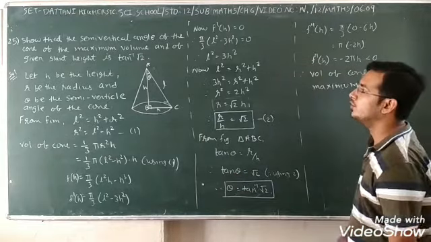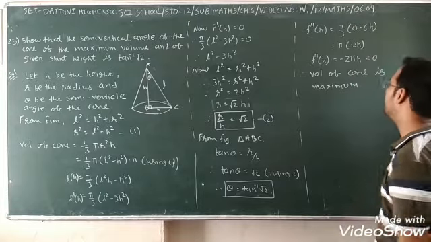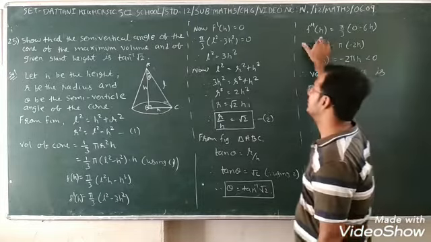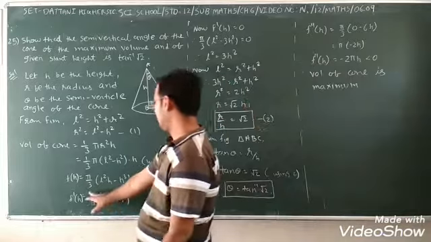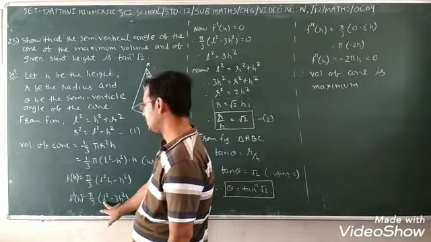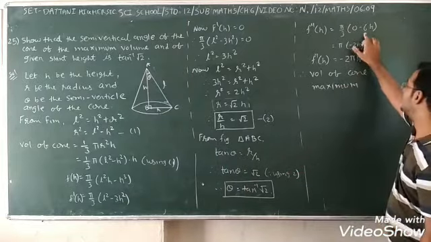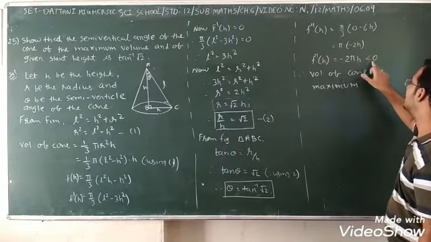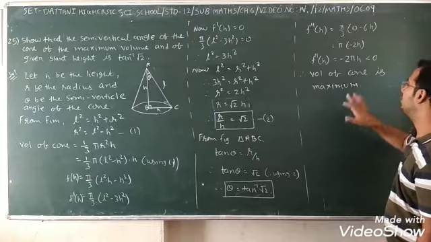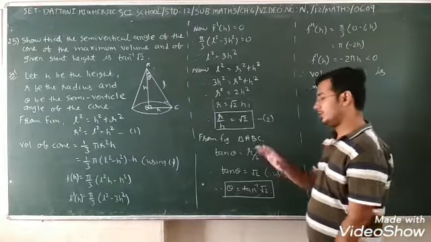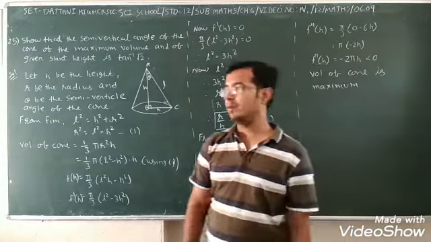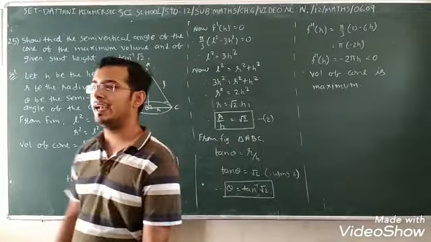Now I also want to prove that it is the maximum volume. Taking f double dash from here, that is pi by 3 as it is, l square 0, 3 comes down, minus 6h, 3 2s are cut, minus 2 pi h, which is less than 0. So the volume of the cone is maximum. Next one, 26, is similar to that.